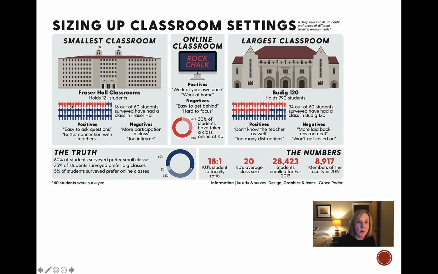But what's really great is how she's used red and blue icons. 18 out of 60 students surveyed have had a class in Fraser. So we know the red is had. They have had a class. And she's using the same key for the red for the number of students who've had a class in Budig.